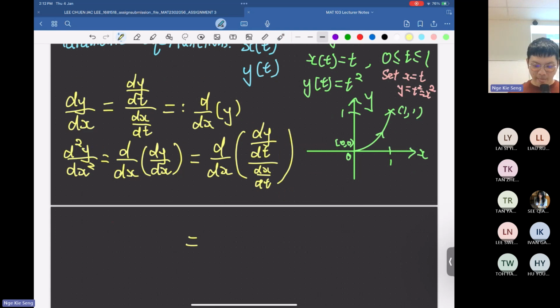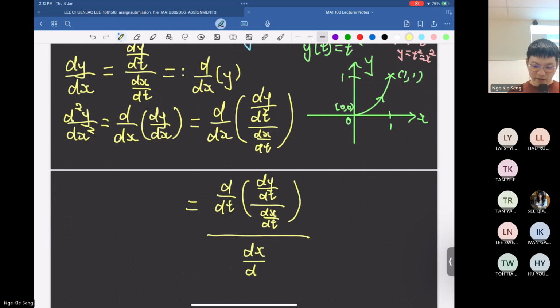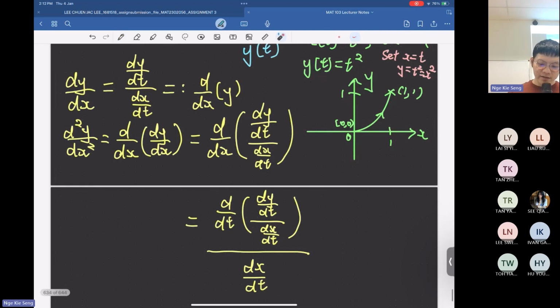Okay, so what do I do? I put d over dt on this fraction, and then over dx/dt again, right? dx/dt is still the same because x corresponds to the variable you differentiate. I still differentiate with respect to x. The thing that changed is the y. But this whole fraction here we know how to compute.